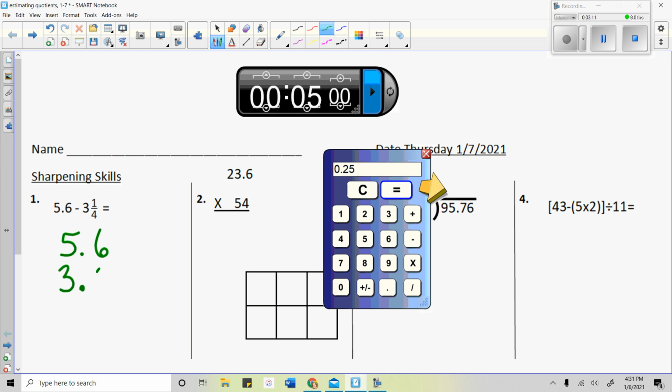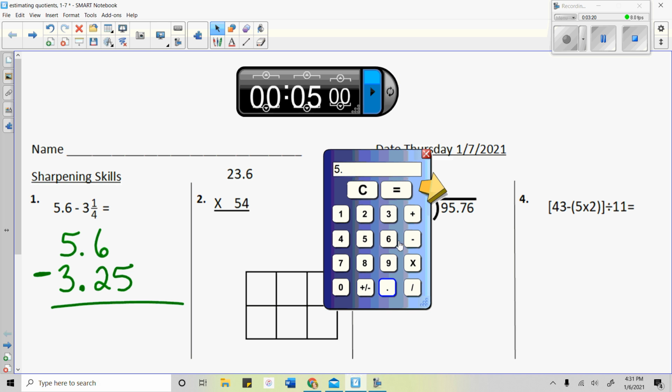So I get 0.25. Now I can put this in the calculator because now they're both decimals. So now I could go, okay, I've got 5 6/10, and I'm taking away 3 25/100, and I get 2 35/100. So now I can plug it into the calculator.